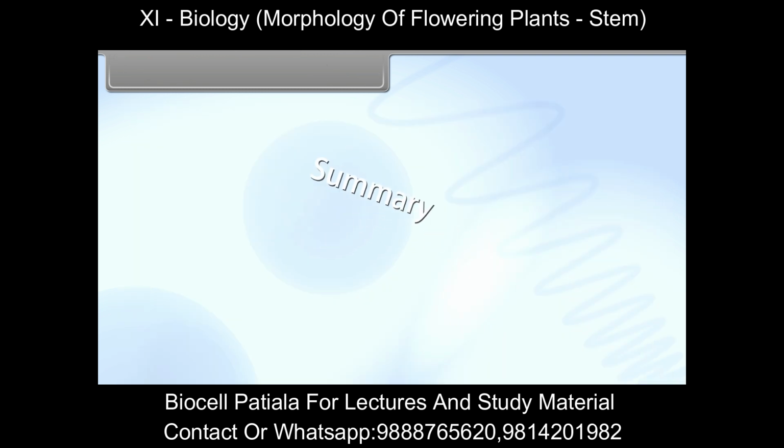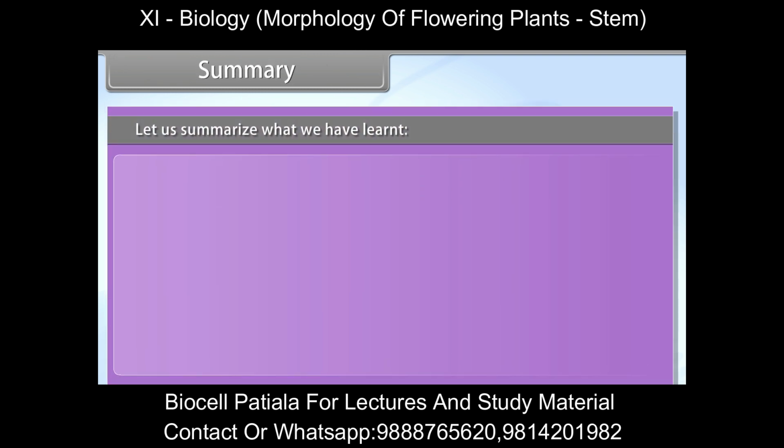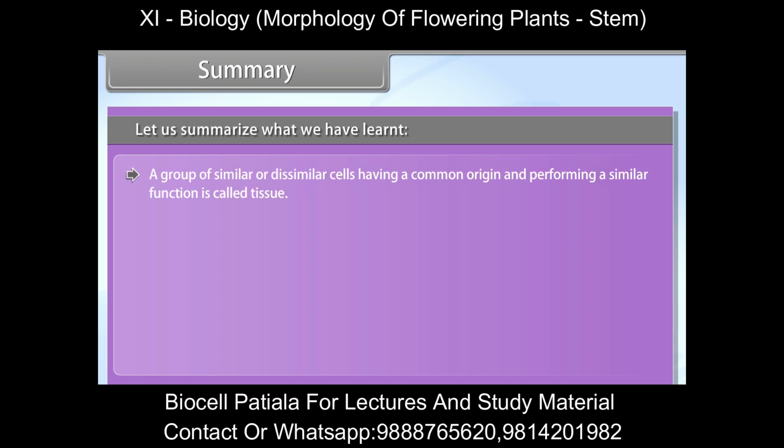Summary. Let us summarize what we have learned. A group of similar or dissimilar cells having a common origin and performing a similar function is called tissue. Tissues are of two types, meristematic and permanent.